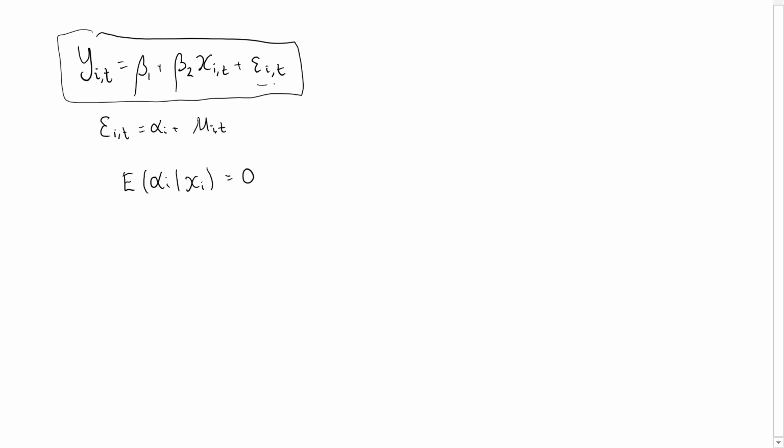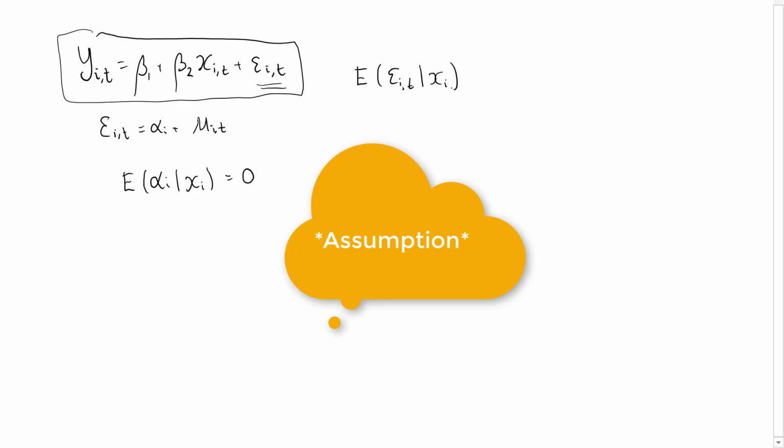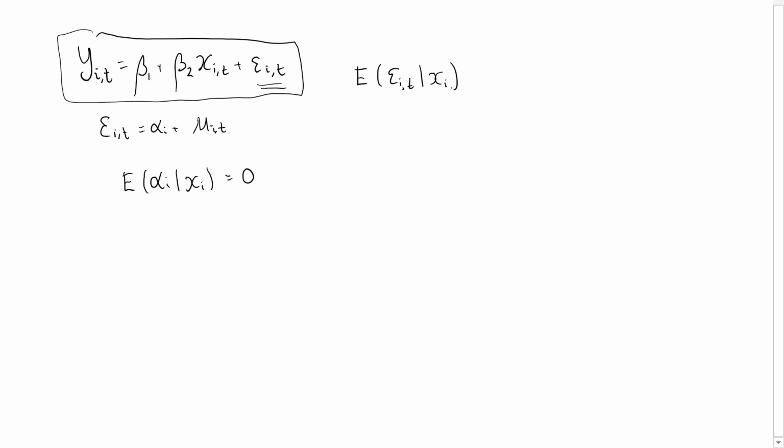Well, all we have to do is have a look at the expected value of the error term conditionally on x_i. There is no point in conditioning on other individuals because we make the typical assumption that cross-sectional units are independent. This is equal to the expected value of alpha_i plus mu_it according to the error component model.